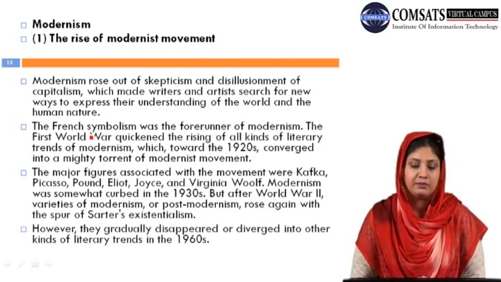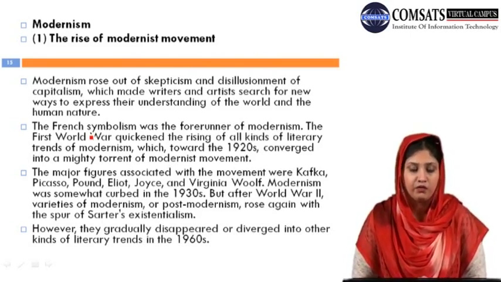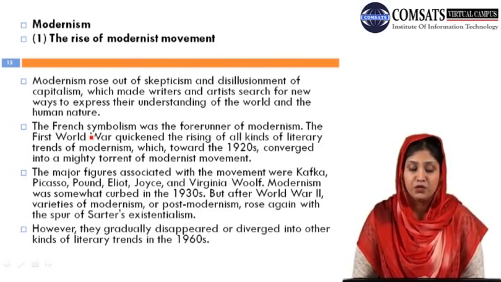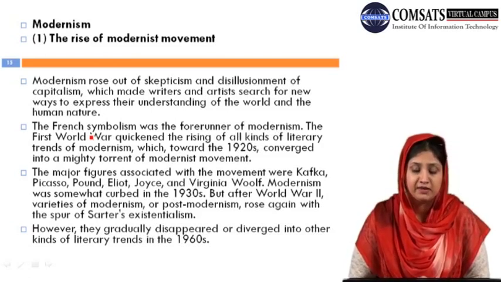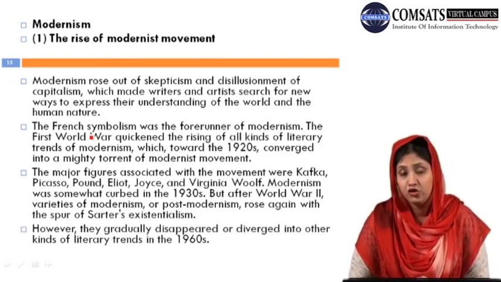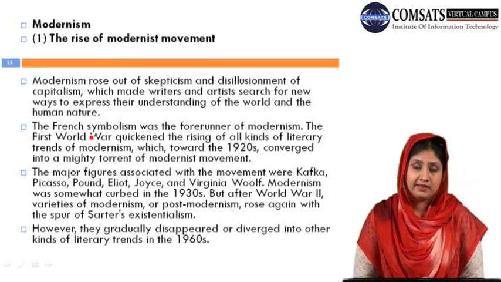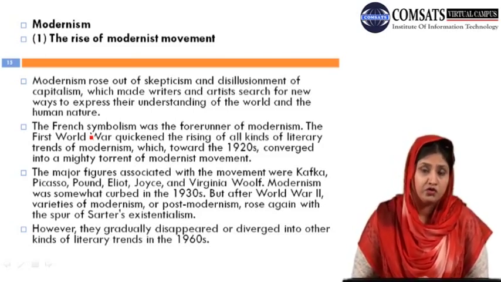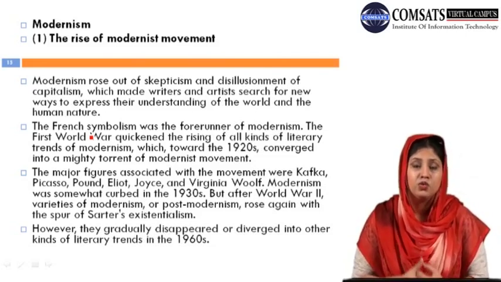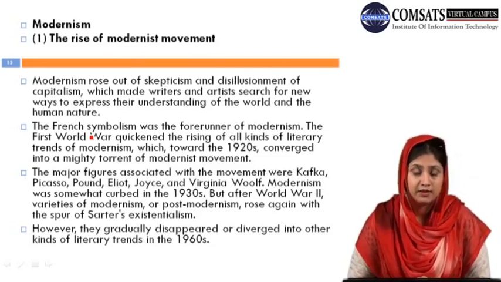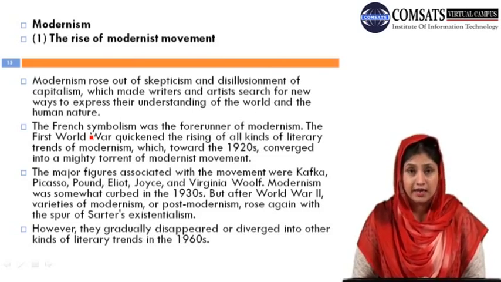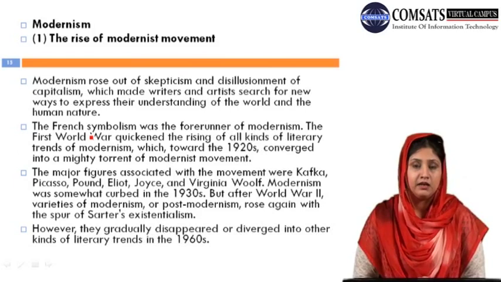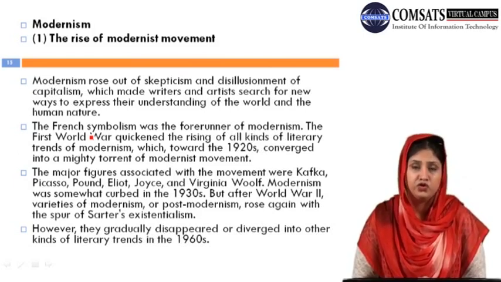Modernism rose out of skepticism and disillusionment with capitalism, which made writers and artists search for new ways to express their understanding of the world and human nature. In my previous lectures, I tried to reinforce your understanding of this new world. What is this new world about? Since it's post-war time and the world has changed, people are skeptical, they are disillusioned.